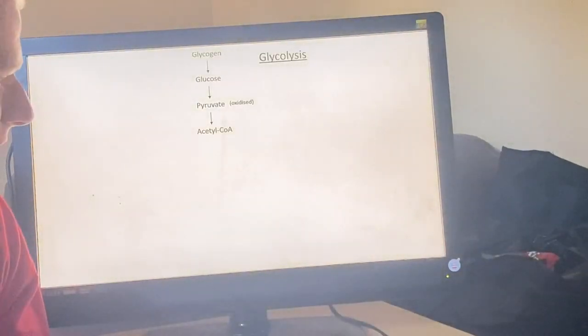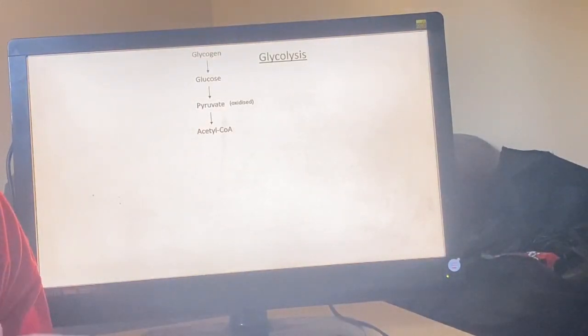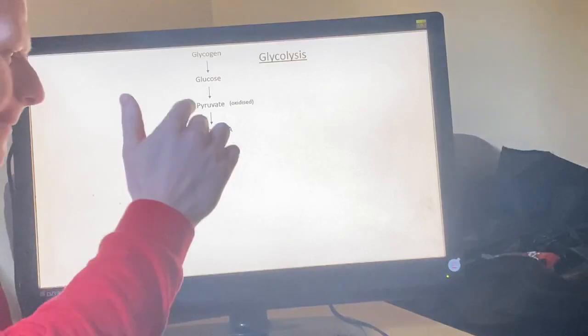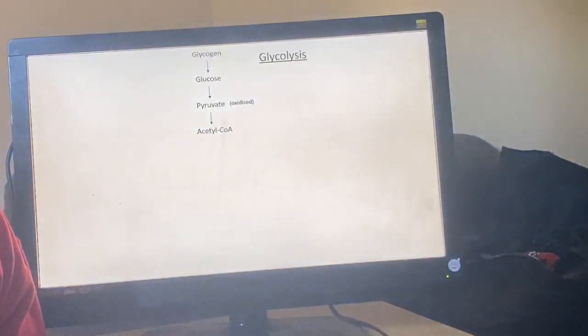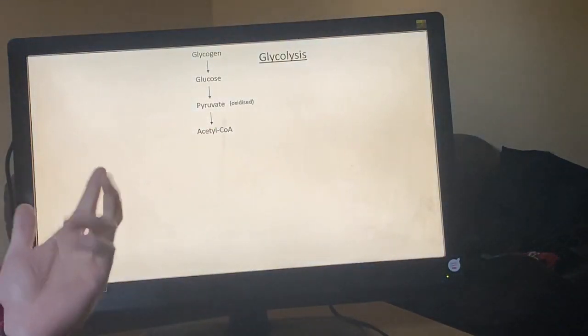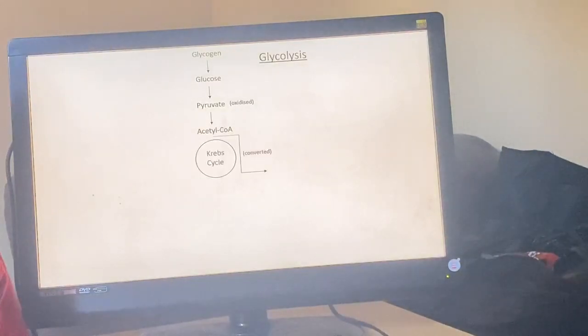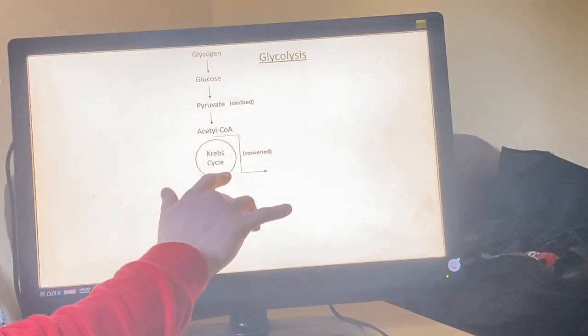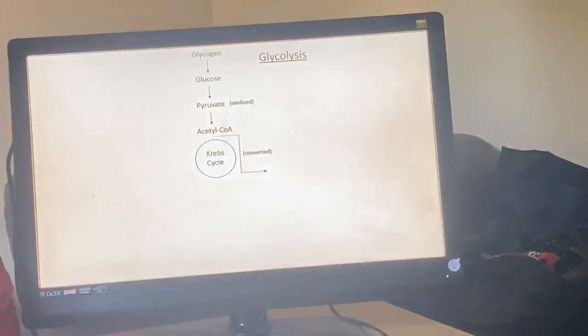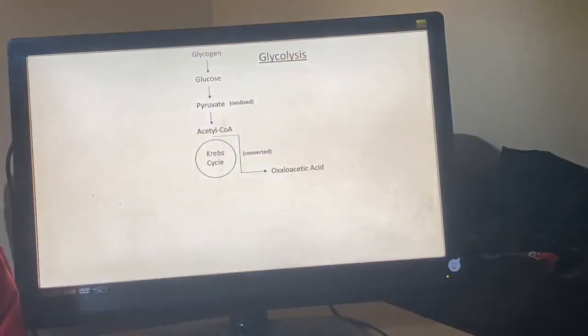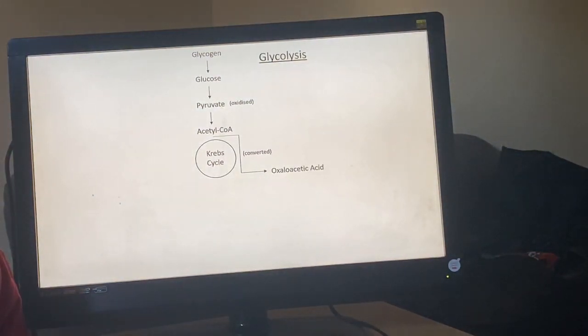Without acetyl-CoA, you can't enter the Krebs cycle and you can't access aerobic respiration. So we're always going to try and get back to this acetyl-CoA. So, like I said, the acetyl-CoA enters the Krebs cycle, and it converts it into something called oxaloacetic acid. Let me just run back to the beginning for you.